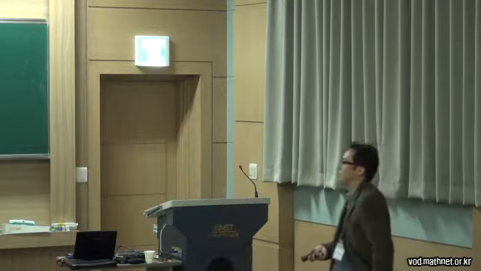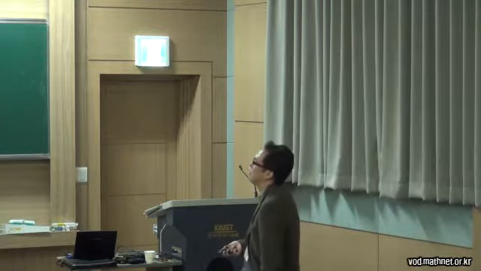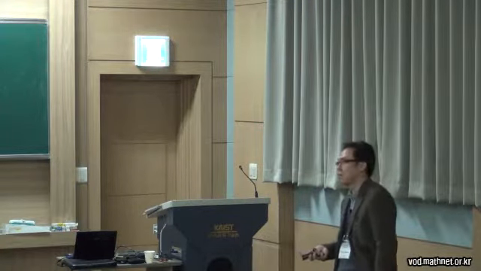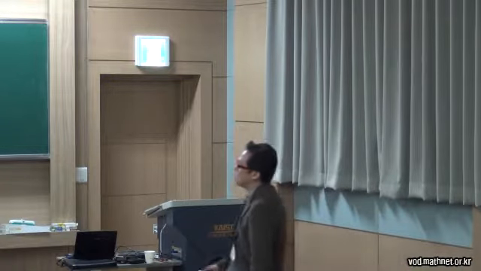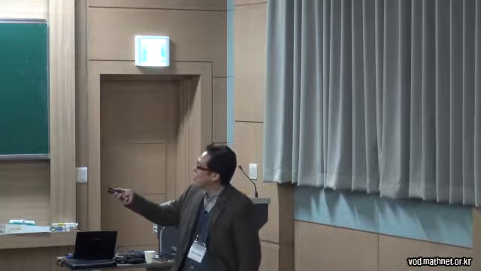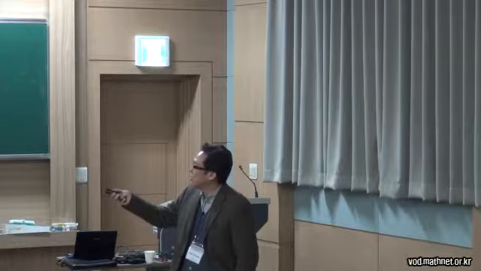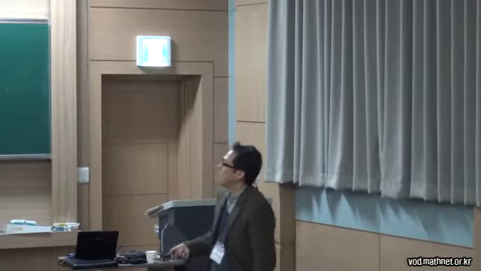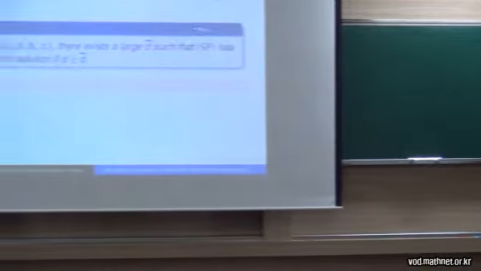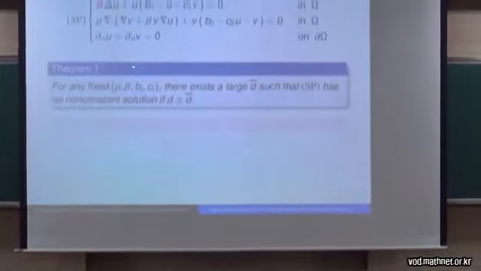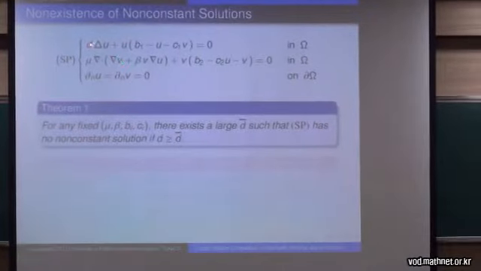Okay, this is our first result on the sufficient condition for the non-existence of non-constant solutions. Okay? Let's regard this diffusion coefficient D as a positive parameter. Okay? And fix any other coefficient. So you can find a large number D bar such that SP has no non-constant solution if this D is larger than D bar.